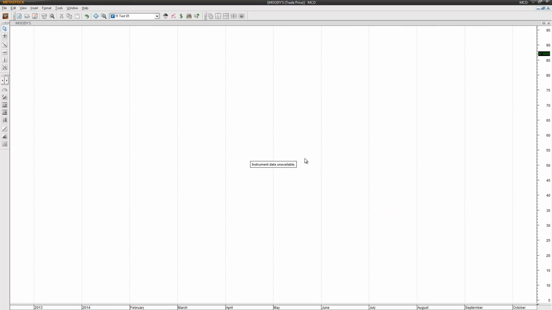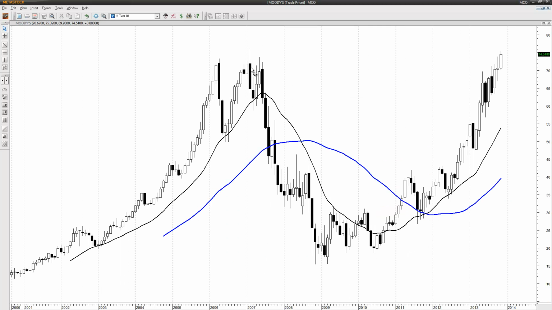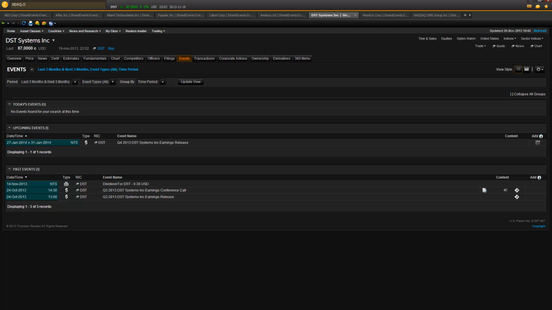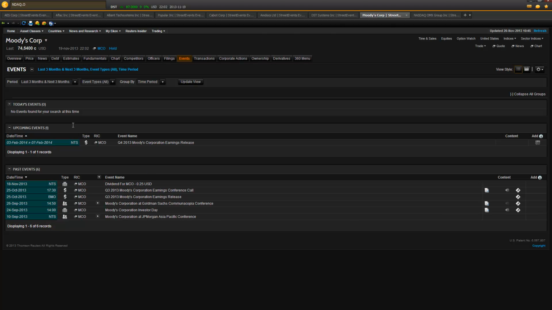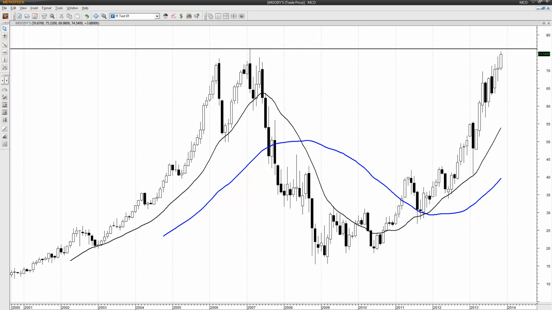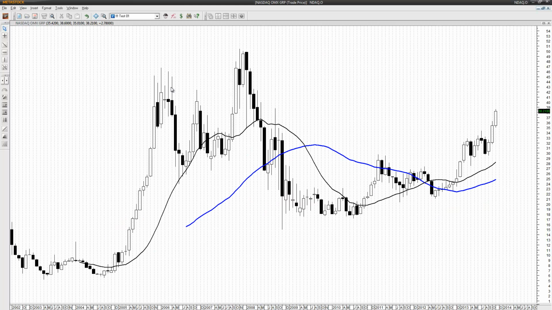Next chart, Moody's. You get an easy to find high peak from 2007. The print is 76.09 for Moody's. That's where I put in a key level for my short sell limit order. Check for earnings in Moody's. No earnings coming up. And the next chart I'm going to use is Nasdaq OMX Group.